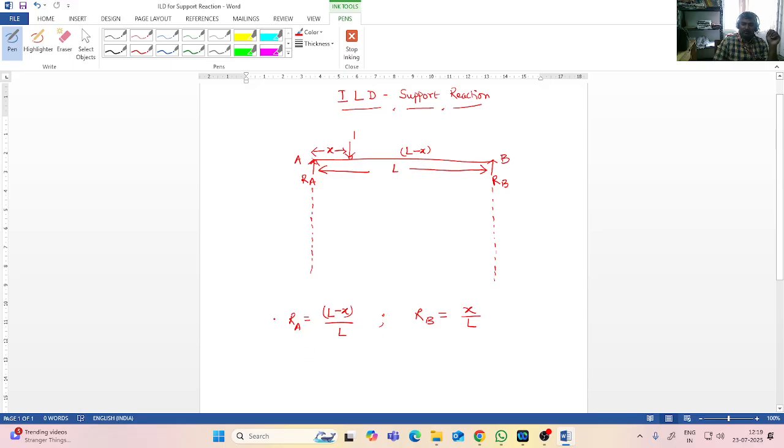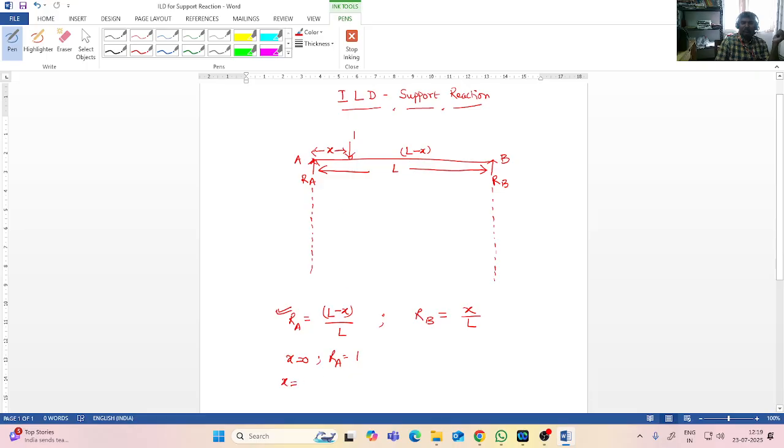So to plot the ILD for RA, when x is equal to 0, that means when the unit load is at point A, what will be the reaction at A? It will be 1, when you substitute x equal to 0.